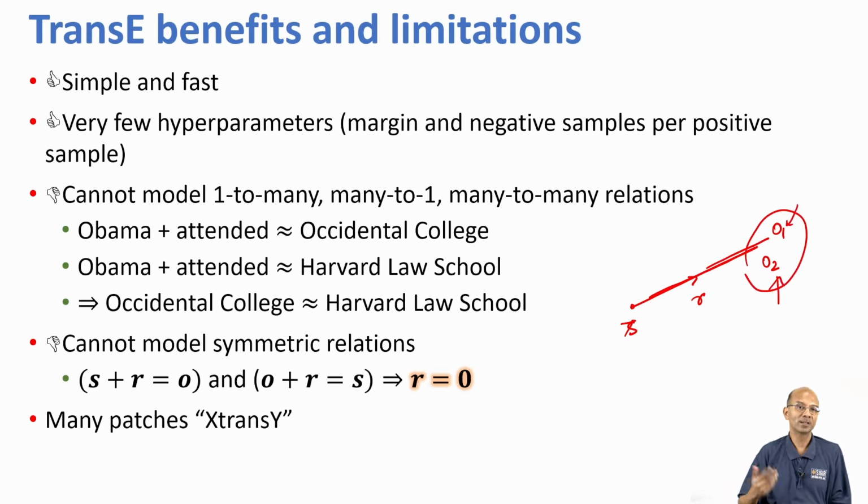And so we'll naturally come to believe that Occidental College and Harvard Law School are the same, when they're not. So we don't want their relationships to collapse to the same point.